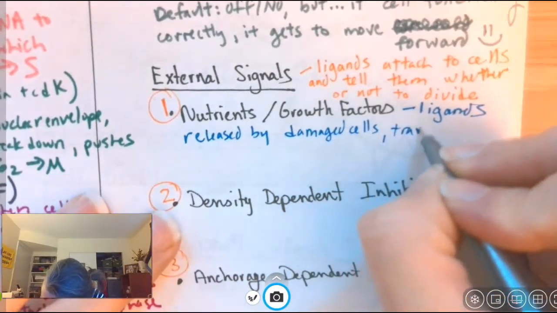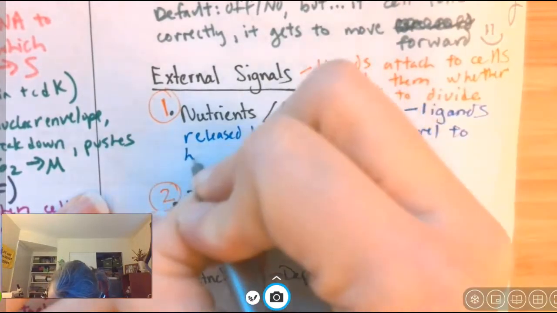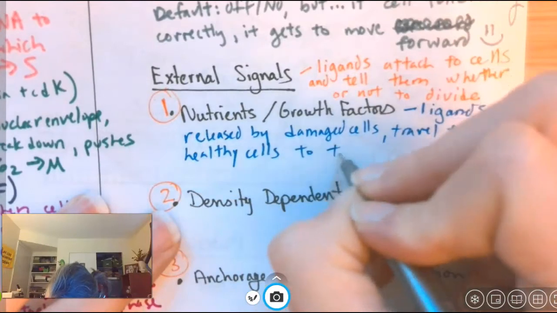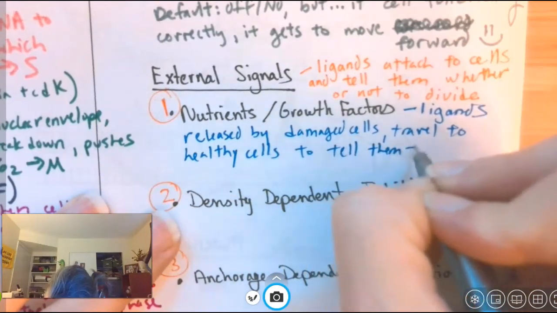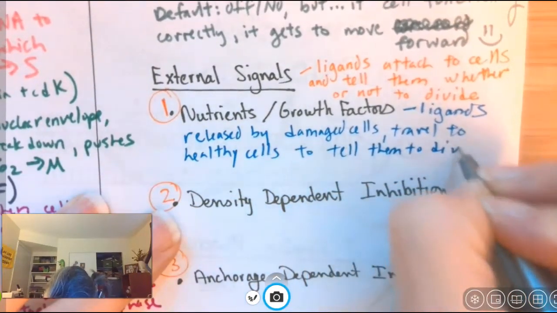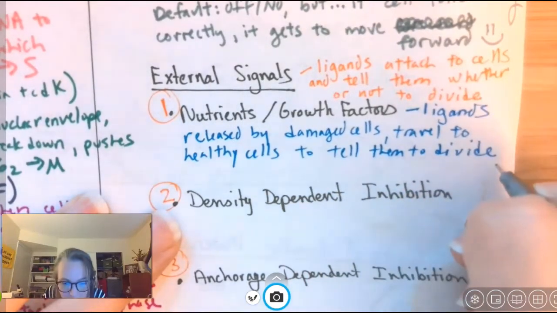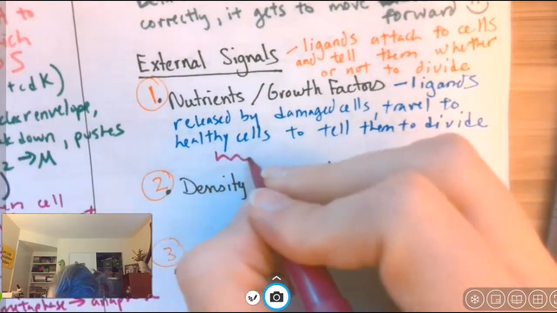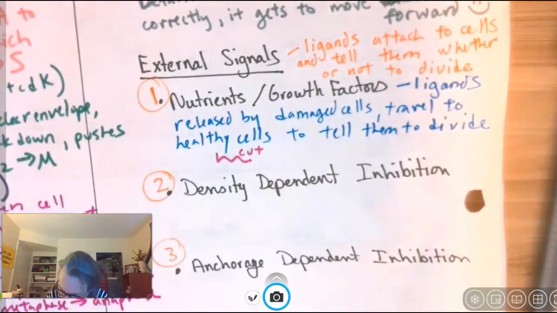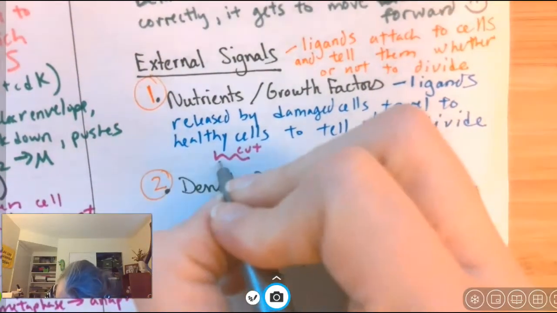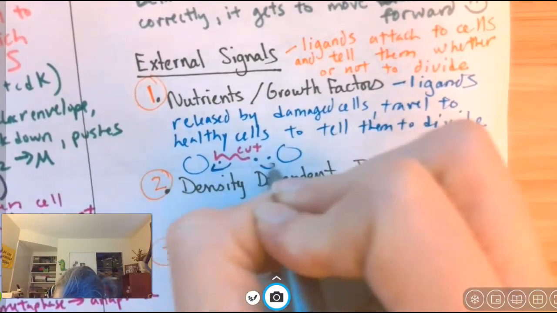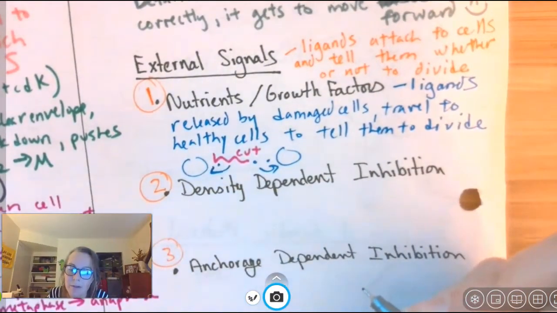And they travel to healthy cells to tell them to divide. So let's say you have like a cut or something, like you cut yourself, and some of the cells are damaged. They're going to send signals to nearby healthy cells saying you should divide and repair this gap.